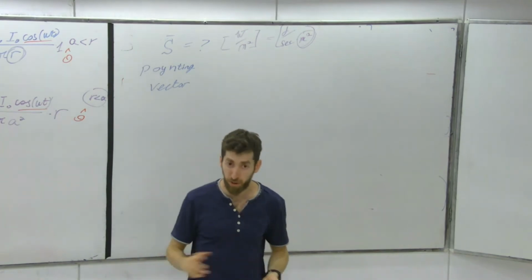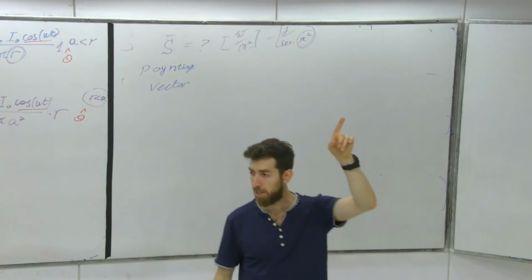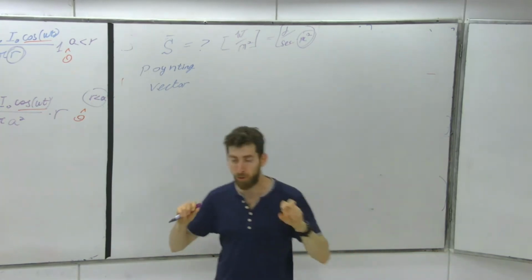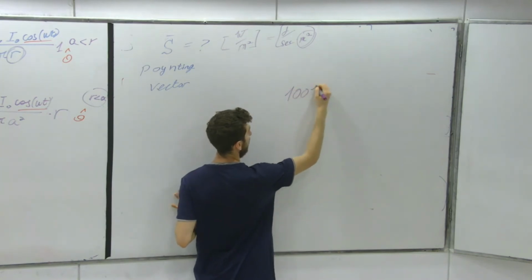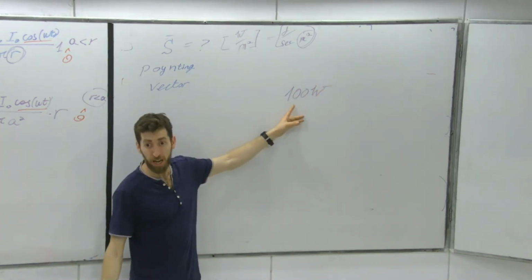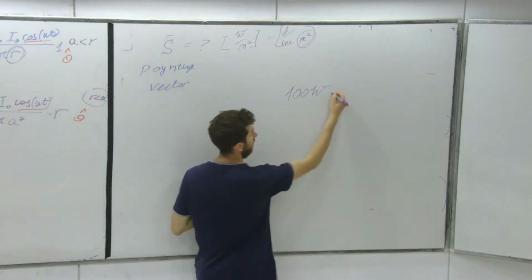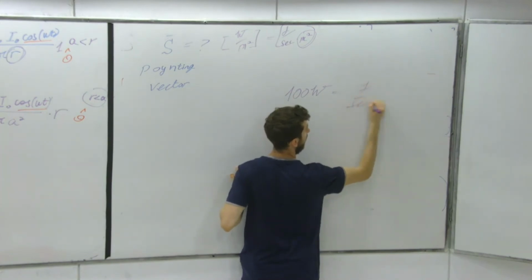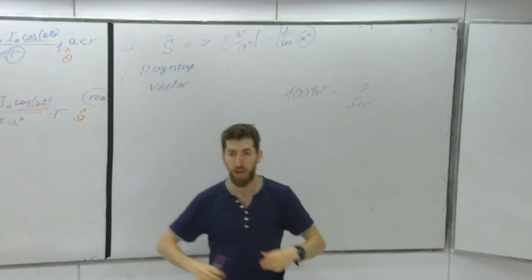For example, you can think about that lamp that we have here. This lamp actually contributes 100 watts, which means joules per second. That's how much it's throwing out. Every second, 100 joules, 100 joules, 100 joules.